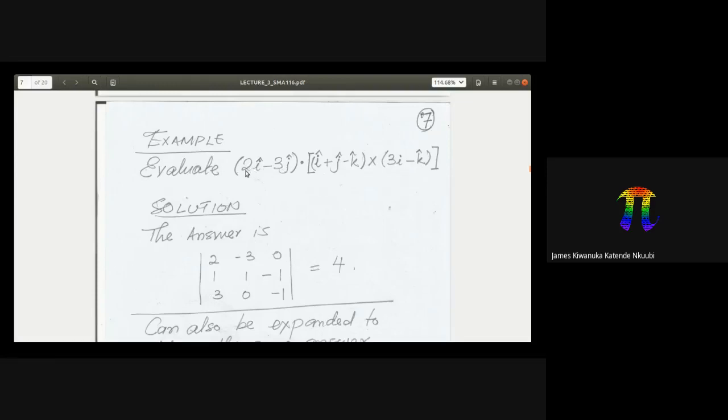The components are 2, minus 3, and there's no K, so the component for K is 0. So we have 2, minus 3 and 0.